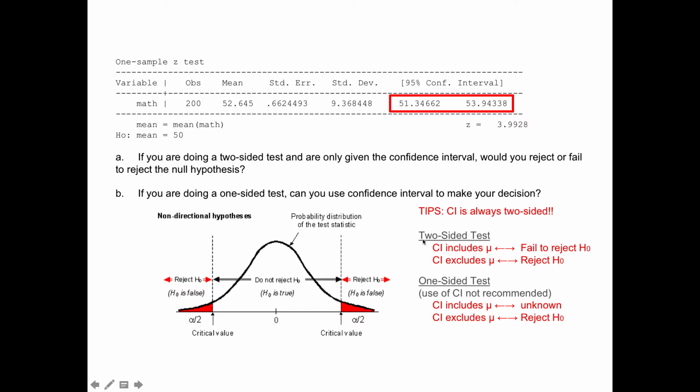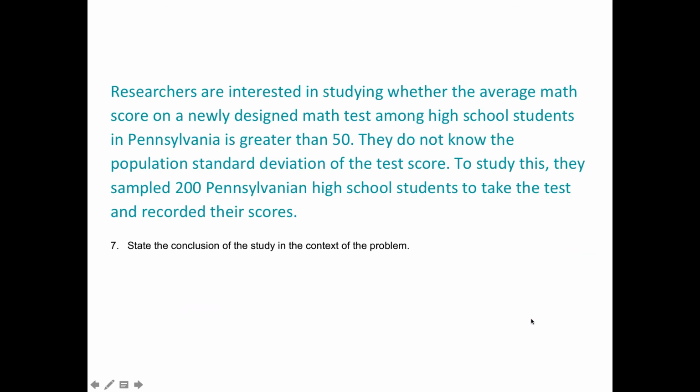So if you're doing a two-sided test, and the confidence interval includes mu, then you fail to reject. If it excludes mu, then you reject. For a one-sided test, use of confidence intervals is not recommended. If the confidence interval includes mu, then I don't really know. But if it excludes mu, then reject H naught.